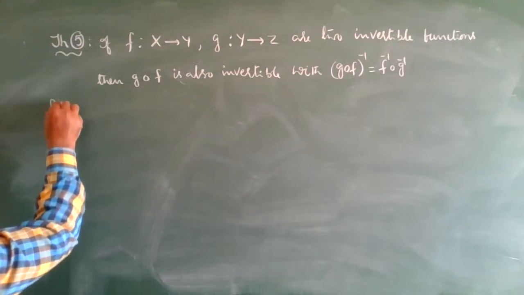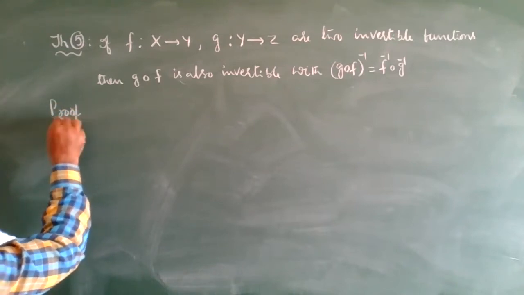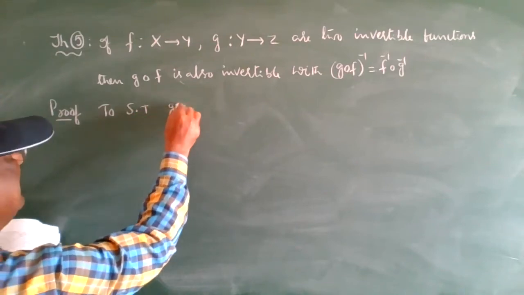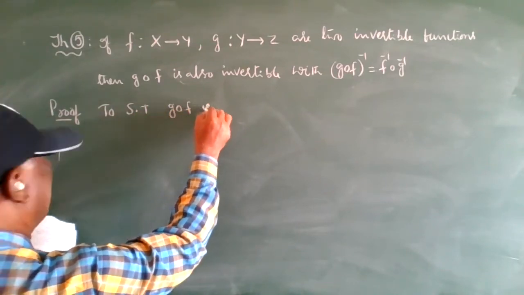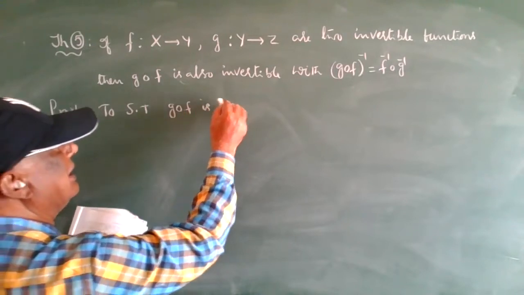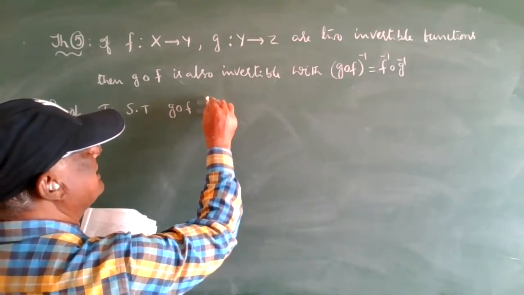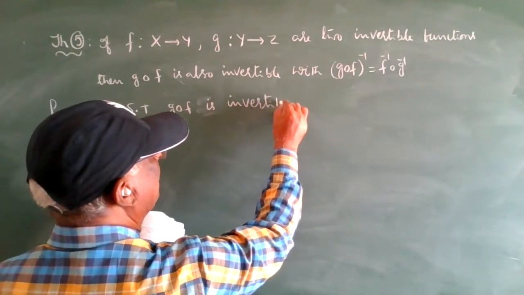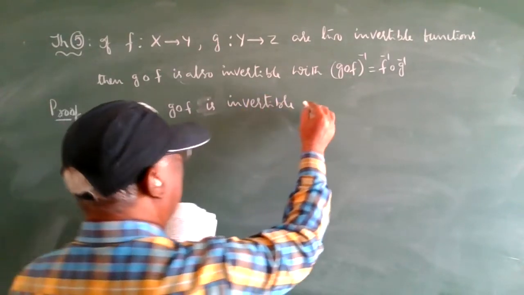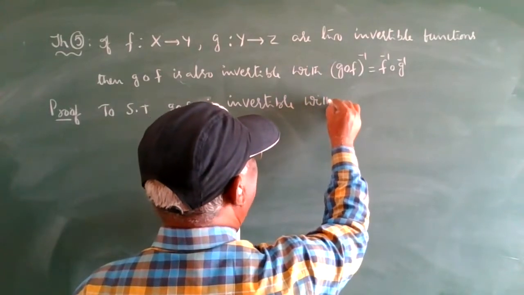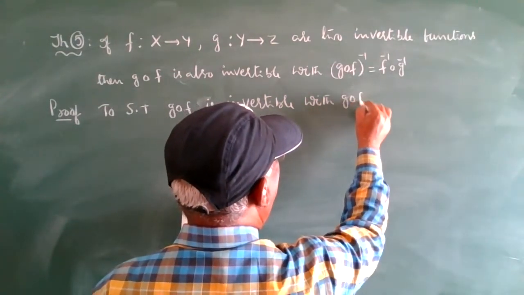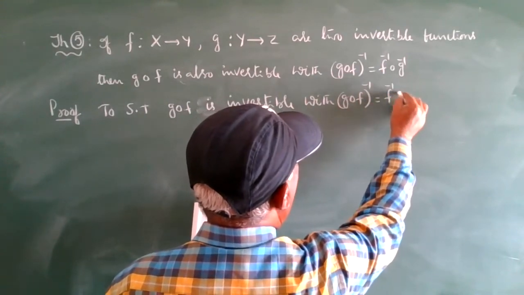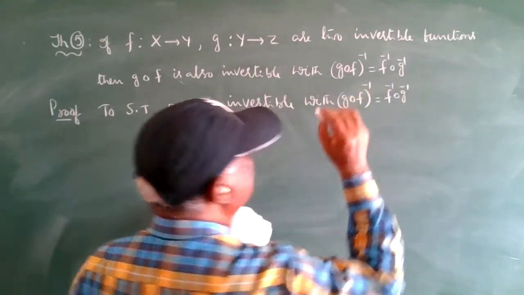To show that G circle F is invertible, meaning it has an inverse function, with G circle F whole inverse equal to F inverse circle G inverse.